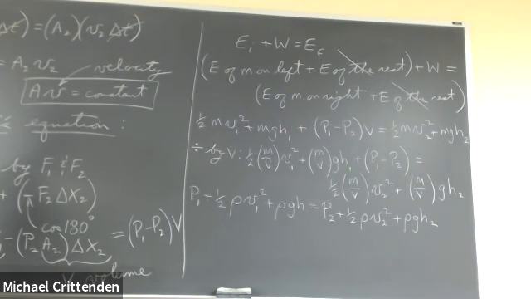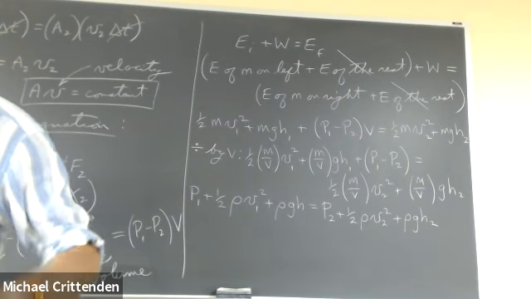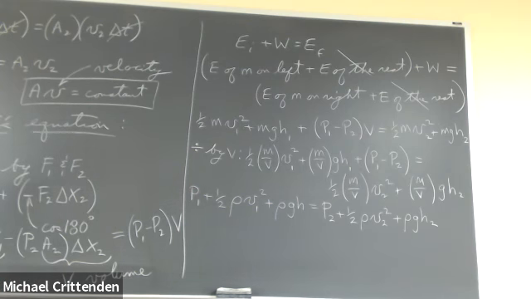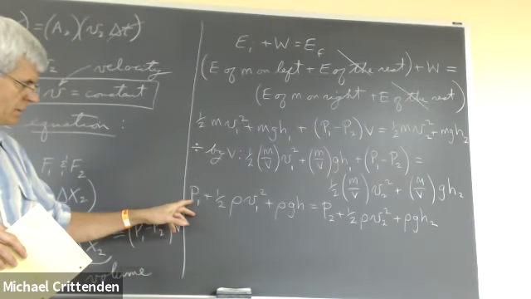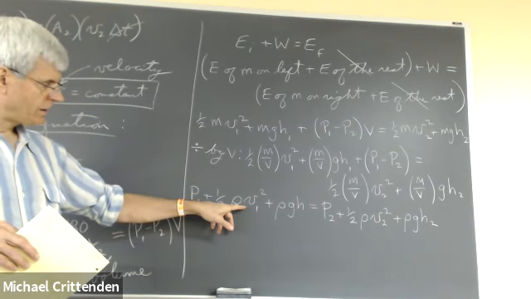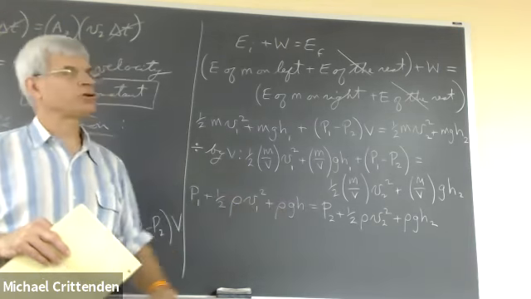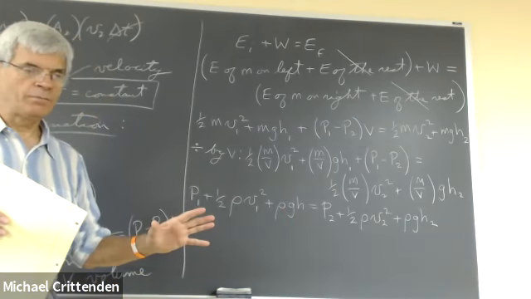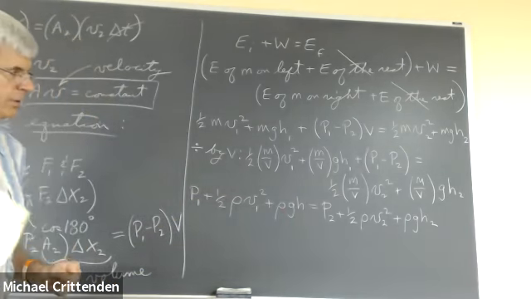So we have another thing which remains the same if you compare any points along this pipe. A little more complicated than just A times V. This time it's the quantity of pressure plus 1/2 rho V squared plus rho GH, which will be the same at one point as it is at any other point.